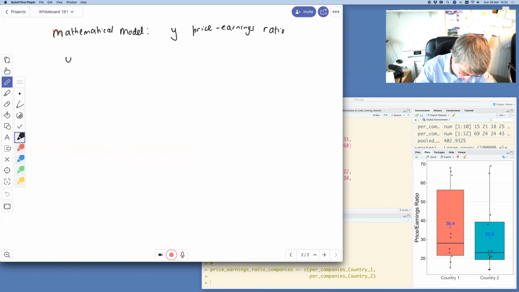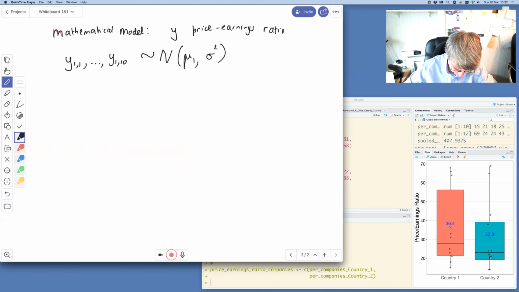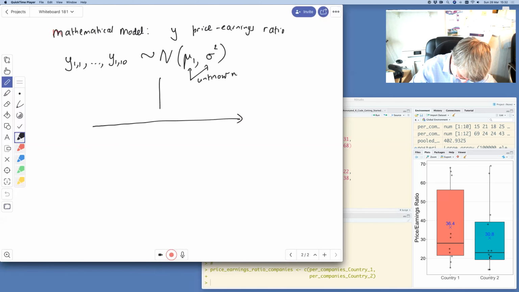Our mathematical model would be that the 10 values of price-earnings ratio coming from country 1 follow a normal distribution with mean mu1 and variance sigma squared, where those parameters are considered to be unknown and have to be estimated. We have to learn about those parameters from the data. If I represented this, the normal distribution looks something like this, the bell-shaped distribution.